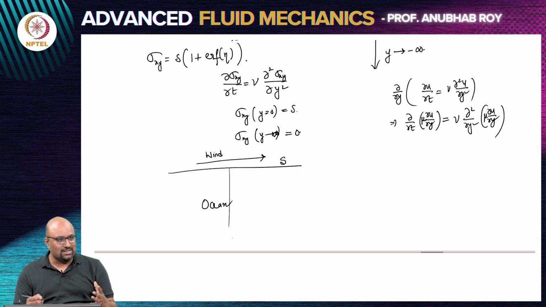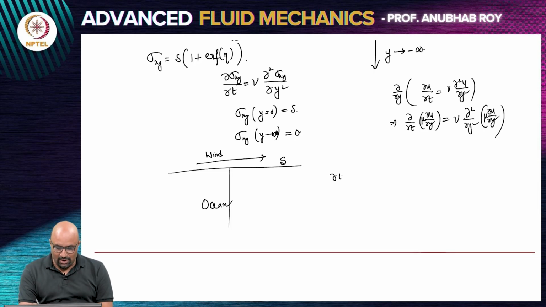It depends on the scale at which you are trying to observe this problem. So, when we close this course, we will spend some time talking about effects of background rotation. I am going to revisit exactly this problem, where there is a surface stress being applied.